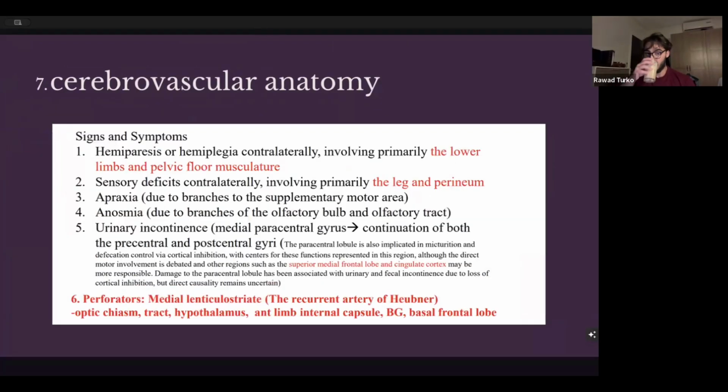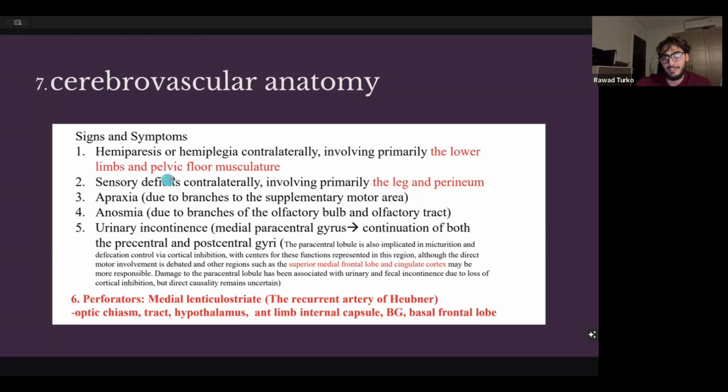Okay, so again, ACA, it's hemiparesis or hemiplegia contralaterally involving primarily the lower limbs and pelvic floor musculature. You're extremely rarely going to see a question where the answer is ACA stroke that doesn't talk about lower limb hemiparesis or hemiplegia. So that's the number one indicator that this is an ACA stroke: the involvement of the lower limb more than the upper limbs.